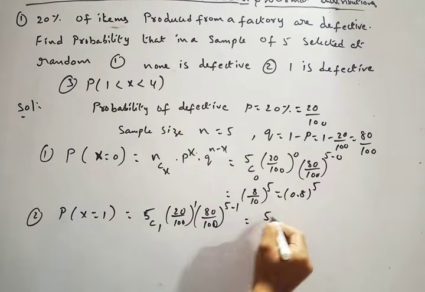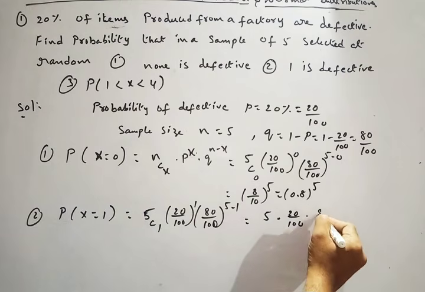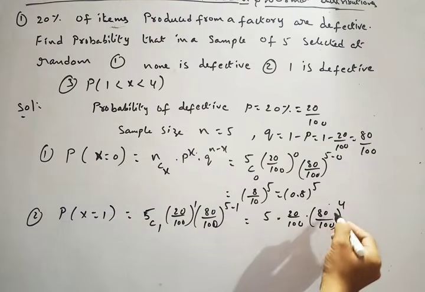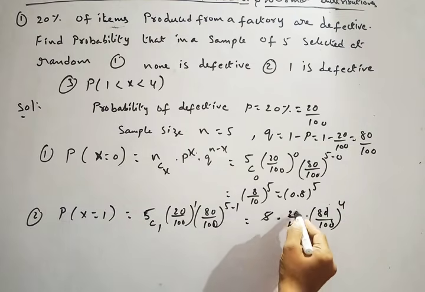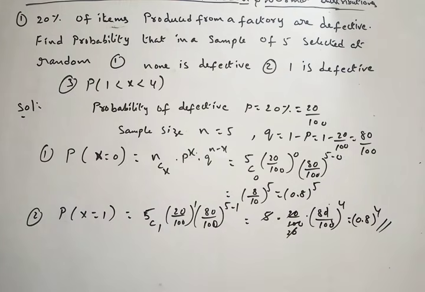So 5C1 is 5, times 20 by 100, times 80 by 100 whole power 4. So the 5 and 20 combine, the zeros cancel, and I get 0.8 whole power 4, correct?